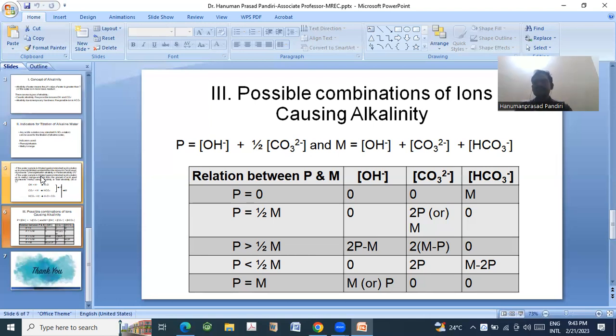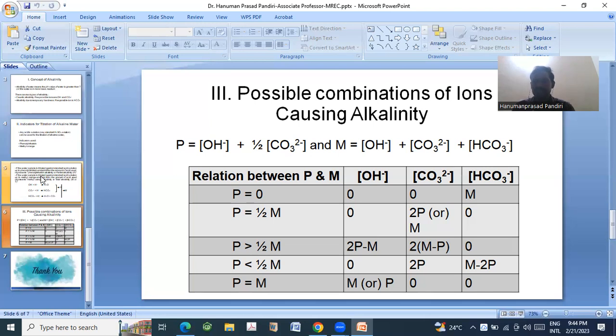And the fifth relation that we can observe is P equal to M. That means phenolphthalein alkalinity is equal to methyl orange alkalinity. Here OH⁻ concentration is either M or P, CO3²⁻ concentration is 0 and HCO3⁻ concentration is also 0.